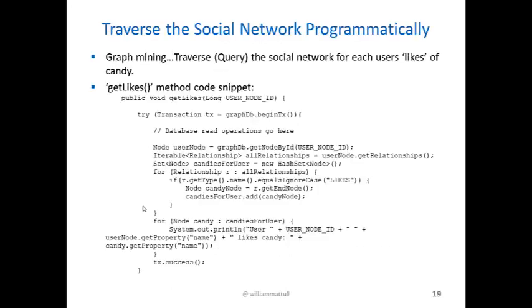Okay, then our next thing is we go ahead and traverse the social network programmatically. This is also known as graph mining, where we take some output and we put it somewhere in either our analytics system or our recommender system.